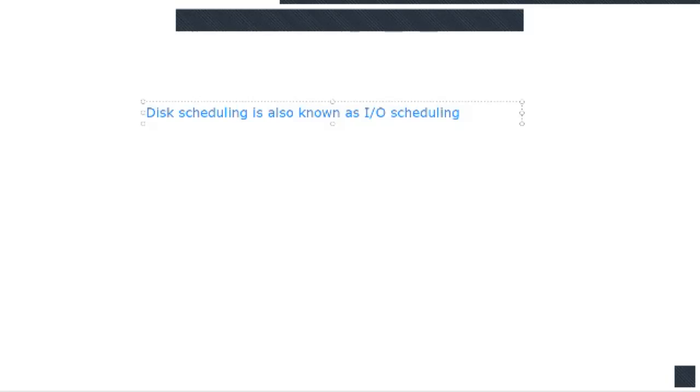Hard disks are some of the slowest parts of computer systems and thus need to be accessed in an efficient manner. So for managing disk scheduling, there are many disk scheduling algorithms, but before discussing them, let's have a quick look at some of the important terms.